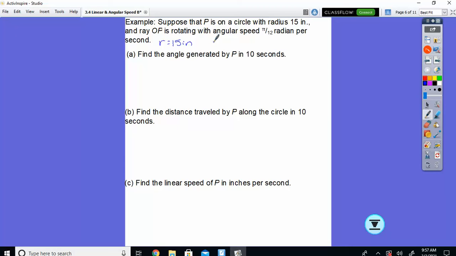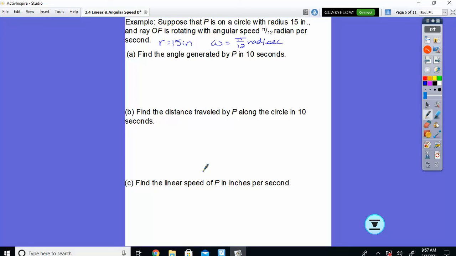S is arc length in this. Angular speed is like angular velocity. What variable did I use? Omega. Equals pi over 12 radians per second. So please write this stuff down. If you didn't solve anything else, I would give you points for writing down what was given in the problem.